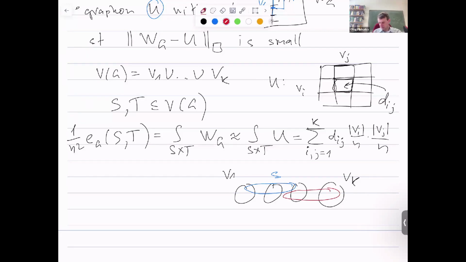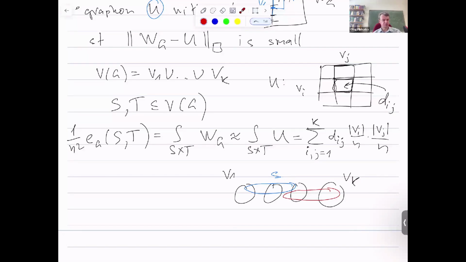And then, what is this approximation on the right-hand side? Well, it basically says for every pair, I see how many pairs I have across, and then I multiply by this density. So in some sense, it predicts the distribution of edges across cuts.